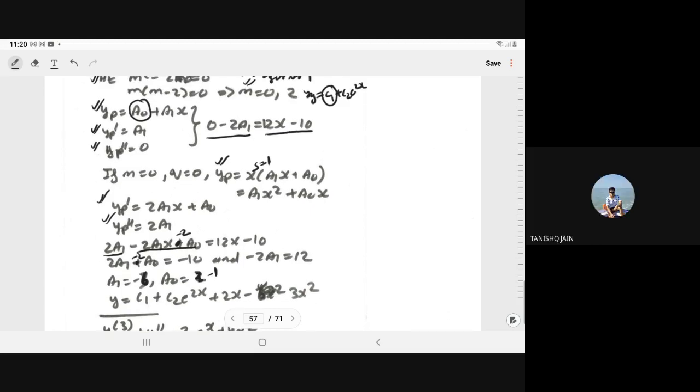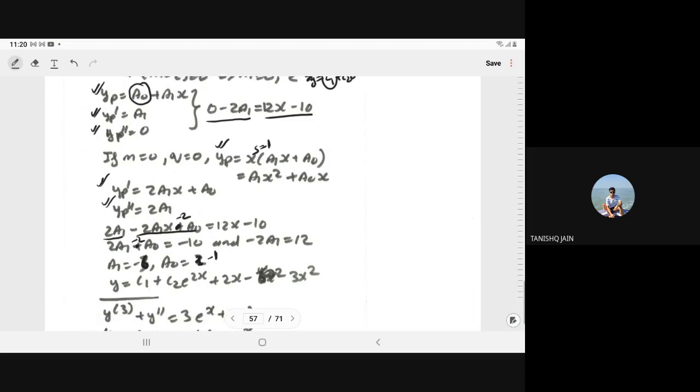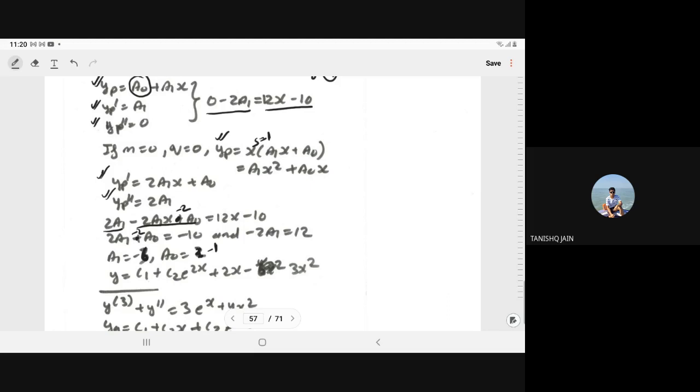So a1 would be minus 3. At that time, no, minus 3 or minus 6? You multiply by 2 after that with yp dash. From here, minus 6.